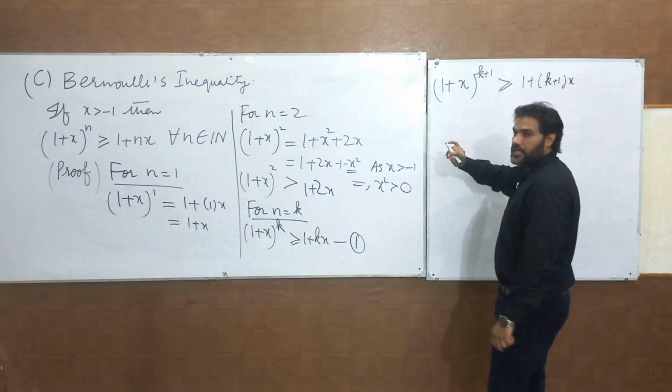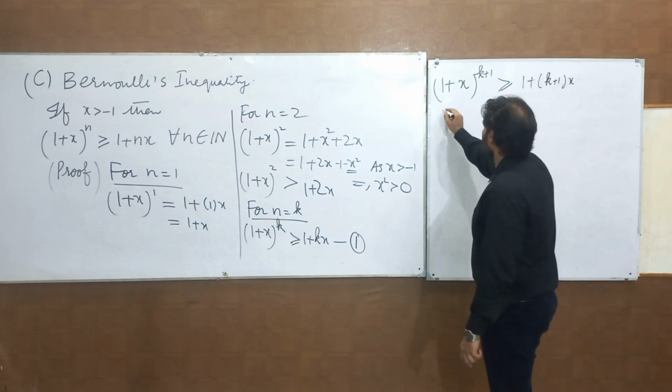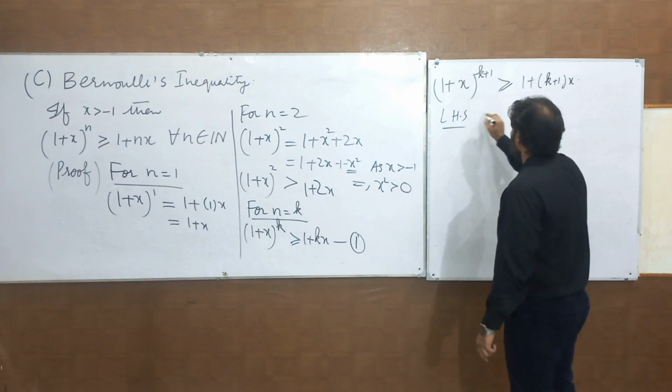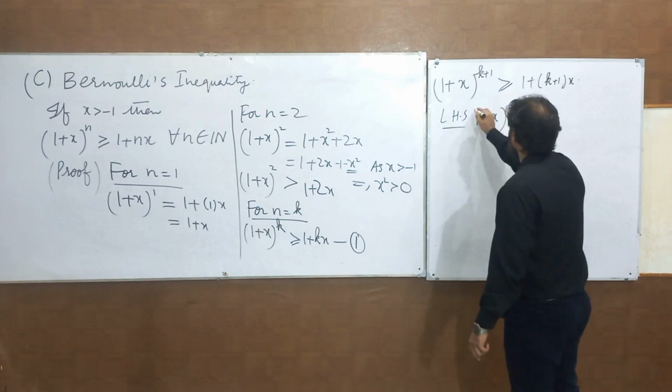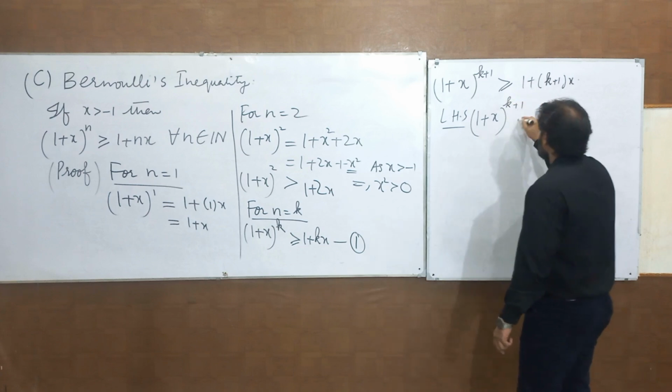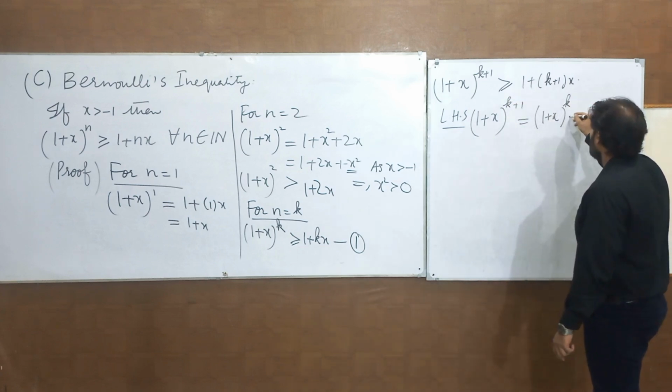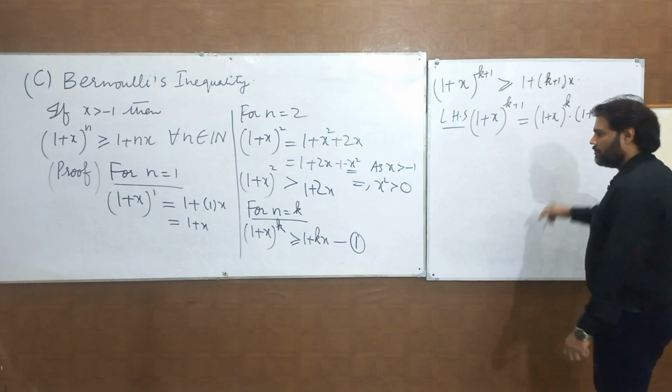We take the left hand side and show that it is greater than or equal to this number. Can we break (1 + x) raised to power k + 1 as (1 + x)^k into (1 + x)?